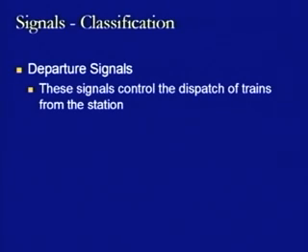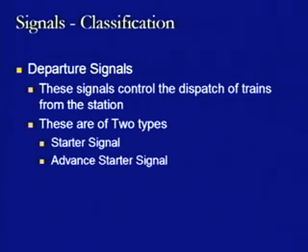At that condition, whatever signals are provided to dispatch this train from the station are known as departure signals. The categories of these departure signals again are two: one is known as starter signal, and another one is known as advance starter signal.